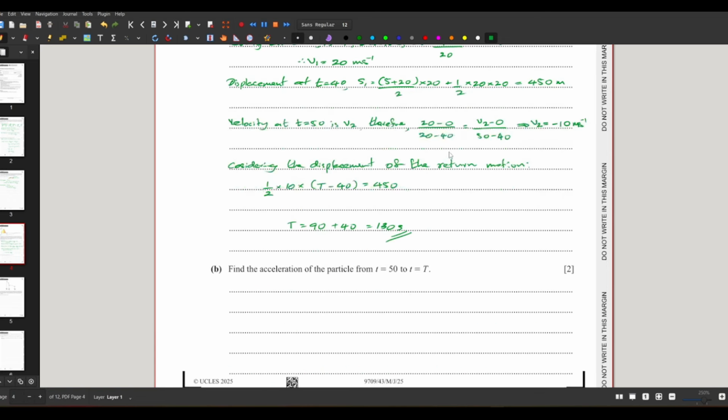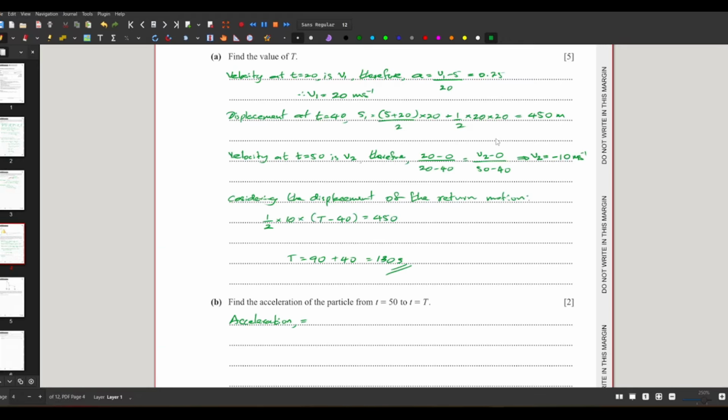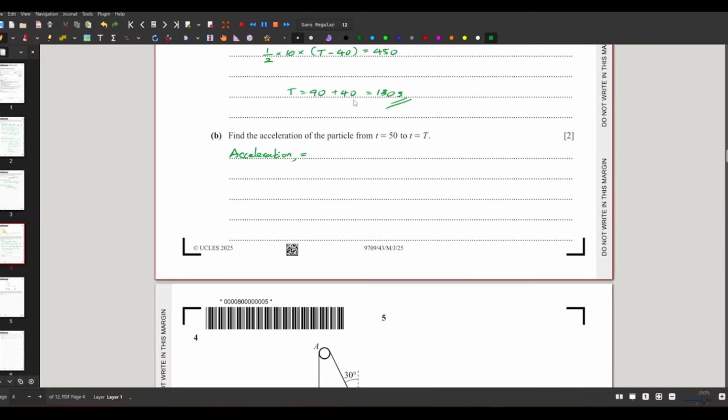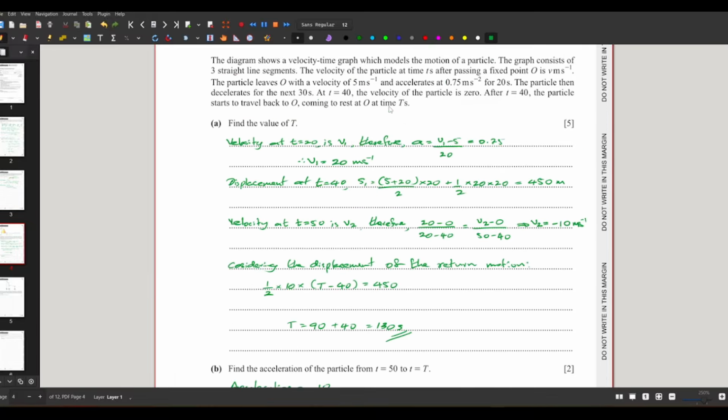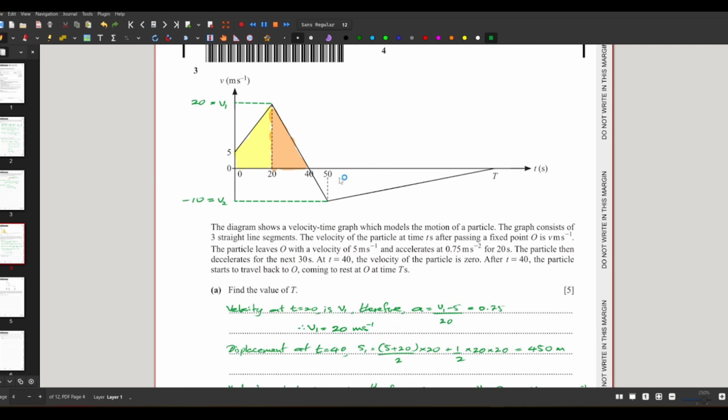So the acceleration I can write equals height is 10, divided by the time, capital T is 130, so 130 minus 50.